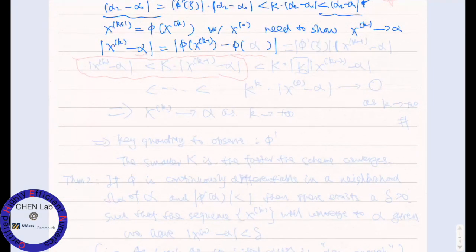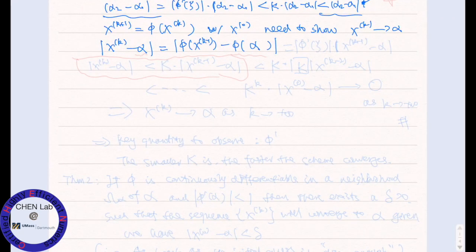Alpha is a solution of the problem that we were trying to solve. Then we turn that equation into a fixed point, which means phi of alpha equals what? Alpha, which means alpha equals phi of alpha, the other way around. So that's the trick.